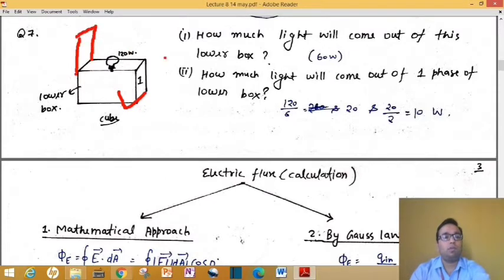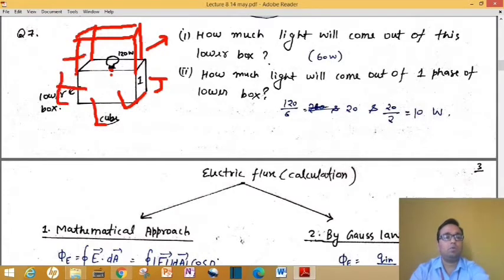You will make a Gaussian surface like this, or you will complete this cube in this form, like this, and this bulb should be exactly at the center. Then you can say that from this cube the total amount of light that will come out is 120 watt. So from your lower box, 60 watt will come out. This will be your answer.